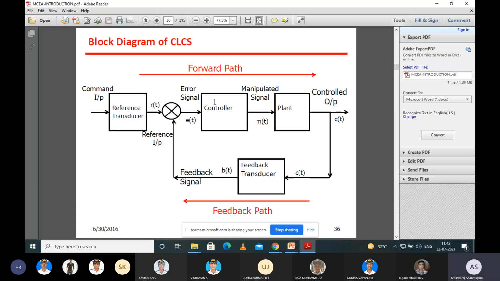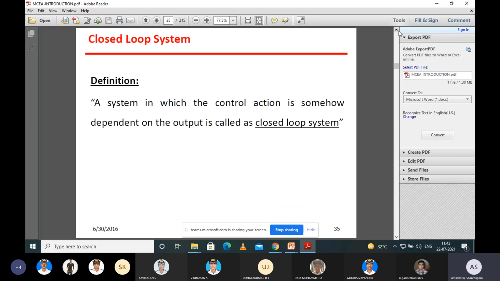Okay, so from this closed loop control system block diagram, what we understand from this topic is that the output response depends upon, and considers, the previous output. That is what our definition says: a system in which the control action is somehow dependent on the output.